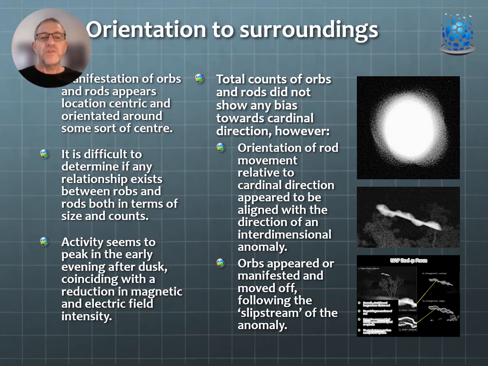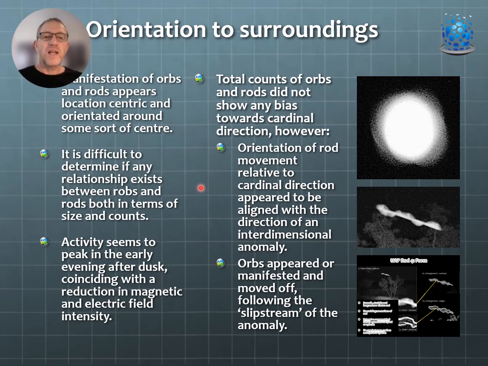So orientation to surroundings. Overall, manifestation of orbs and rods is location centric, so it's orientated around some sort of center. At the moment, it's difficult to determine a relationship between orbs and rods in terms of size and counts. When we apply statistical modeling in the very near future, I will start looking statistically at the association or correlation between the two based on the data we've collected.